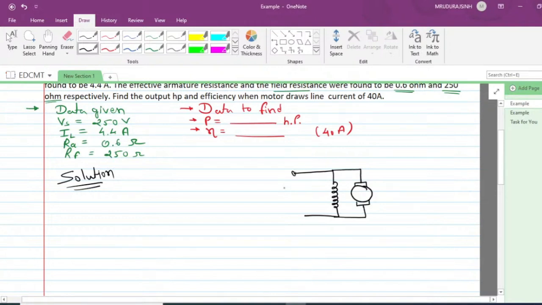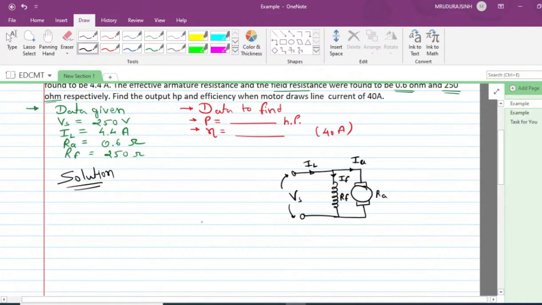Over here we provide supply, that is Vs, between these two terminals. This is the IL line current. This will become IA armature current, and this will become IF field current. RA will be the armature resistance and RF will be the field resistance. So this is the shunt field DC motor.